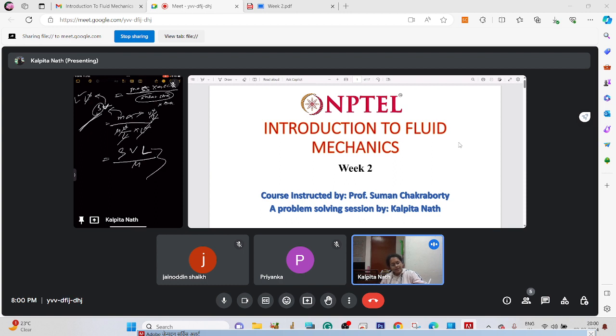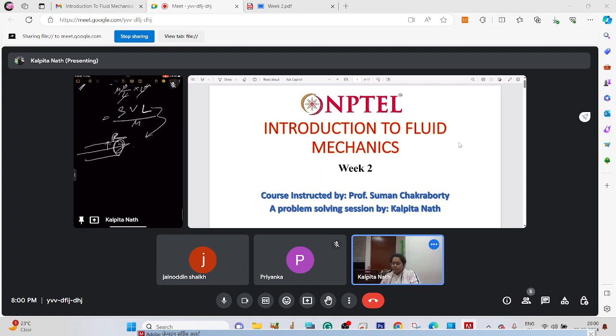So what is this L? This is the characteristic length scale. Like if a pipe is there and the flow is happening inside the pipe, the characteristic length scale is the radius of the pipe.